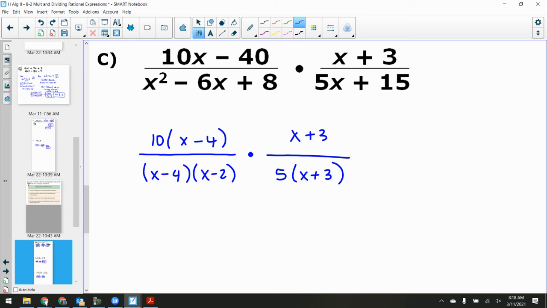Okay, let's cancel. Okay, we've got x minus 4s. We've got x plus 3s. And then look, the 5 and the 10 make 2 over 1. So that gives me just a 2 in the numerator and just an x minus 2 in the denominator.